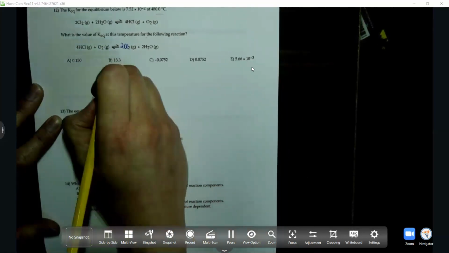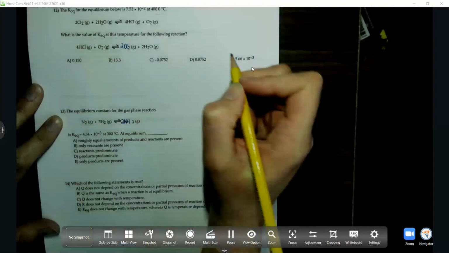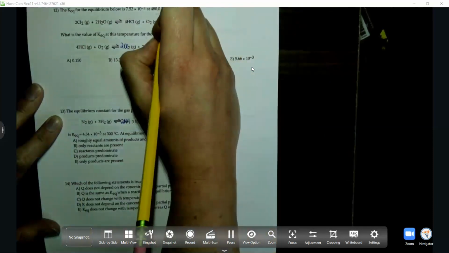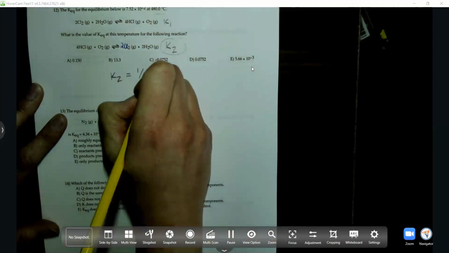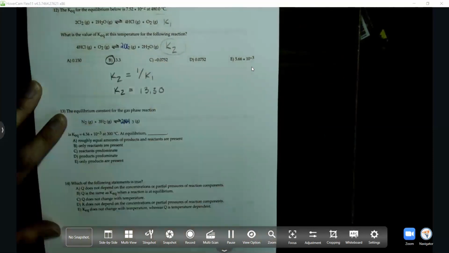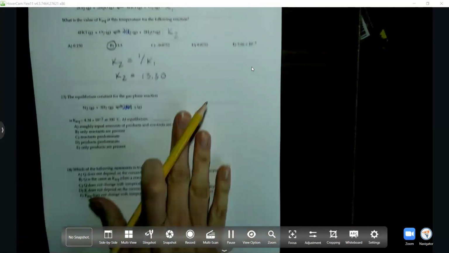So if we want to find the reverse, let's say this is K1, we want to find K2. K2 is equal to 1 over K1. You guys solve that, 13.3. Our answer is B. If we were multiplying, we would do something different to get our K's.